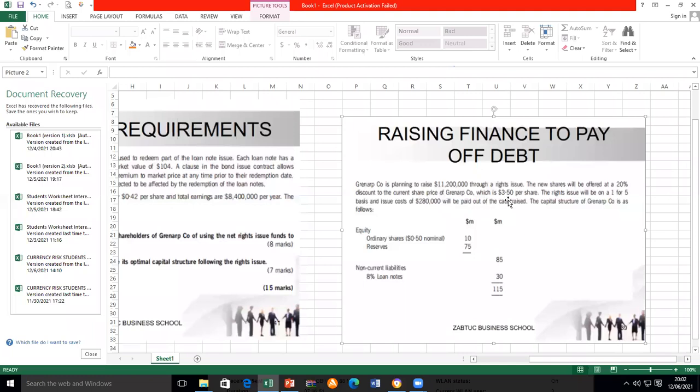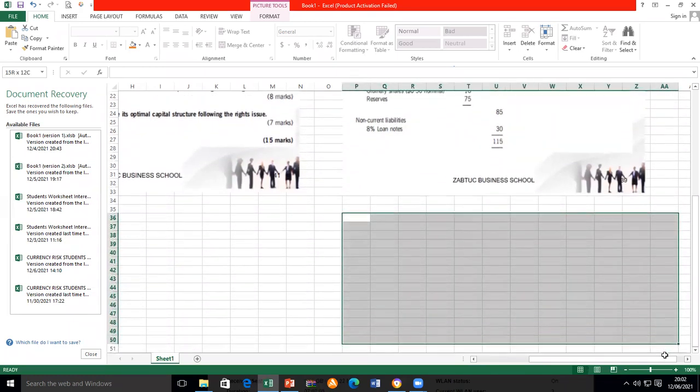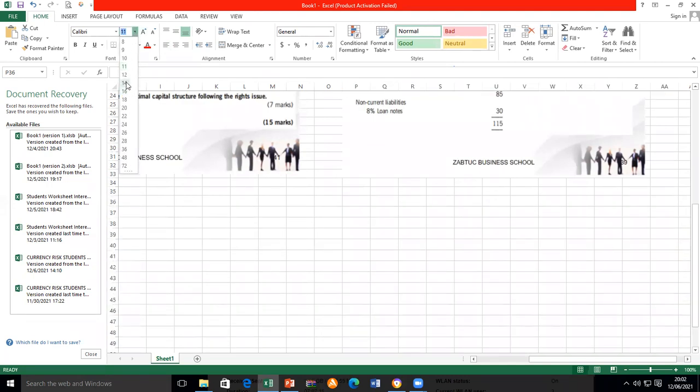The current share price is 3.5, and the issue costs will be 280, paid out of the cash raised. So let's do the calculation step by step, then we can arrive at the advice.